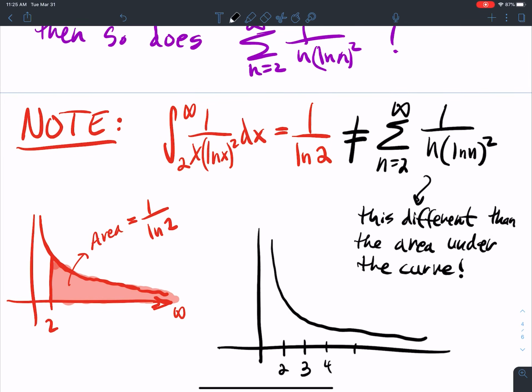Remember, a sequence is only defined at the integer values, right? So instead of having the curve, what do I have? I've got these dots here.